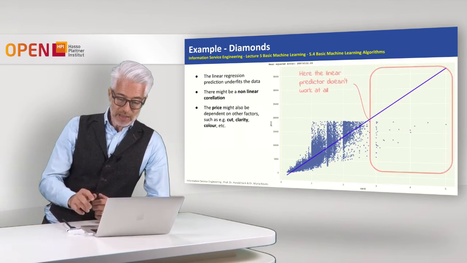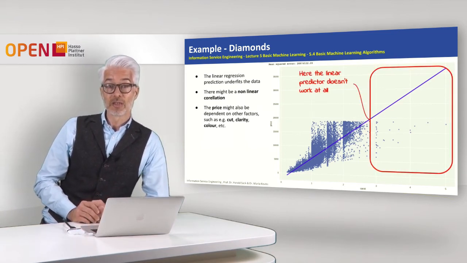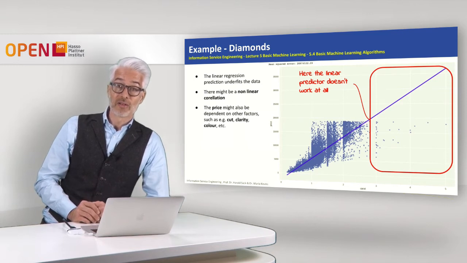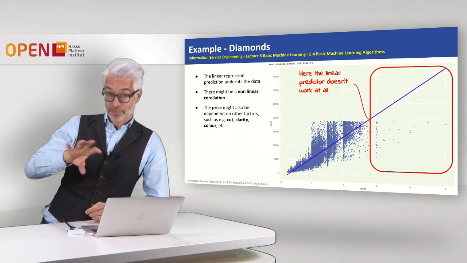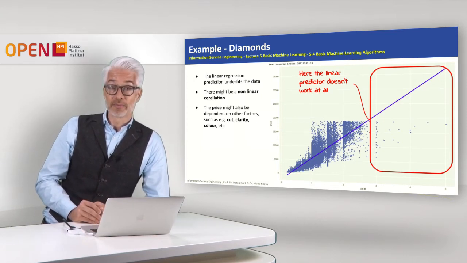So especially for the larger stones, the linear predictor doesn't work anymore. There, each of the diamonds is worth less than the predicted value.